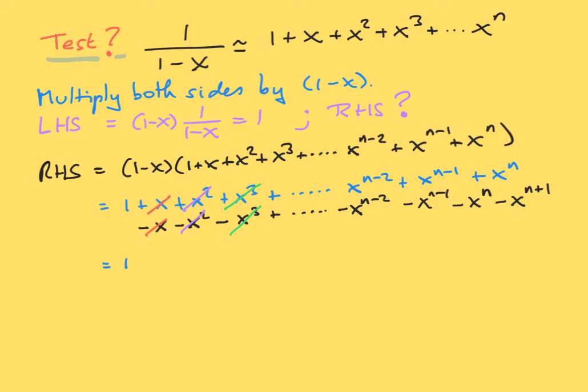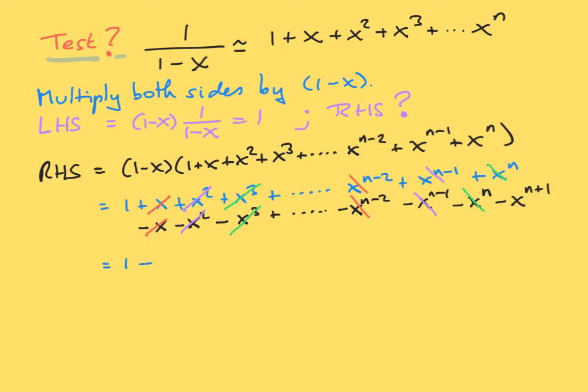Along here, x to the n minus 2 and minus x to the n minus 2 are going to cancel. We have x to the n minus 1 and minus x to the n minus 1 cancel. X to the n and minus x to the n cancel. And then we have finally minus x to the n plus 1, and that has not cancelled.